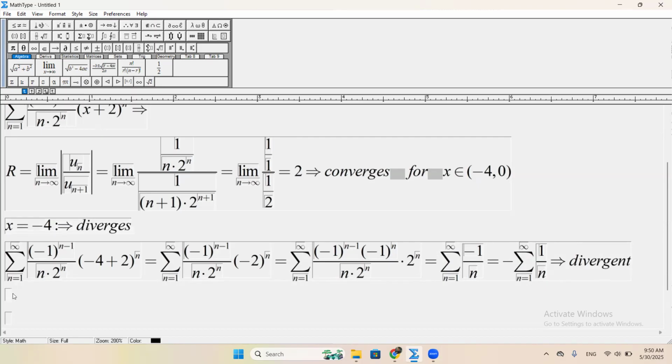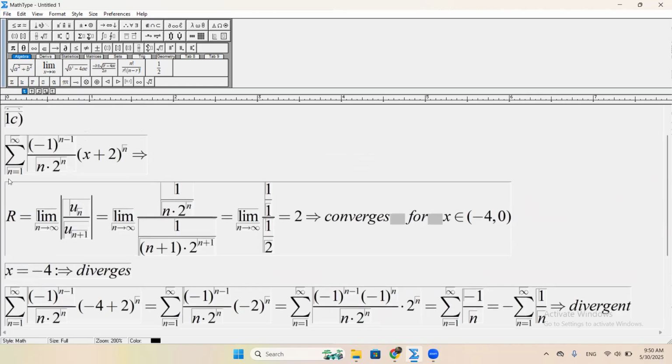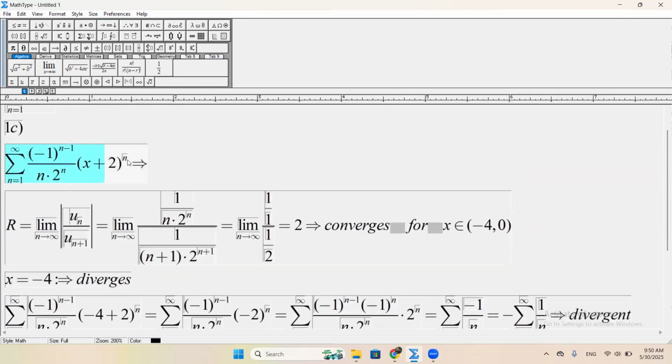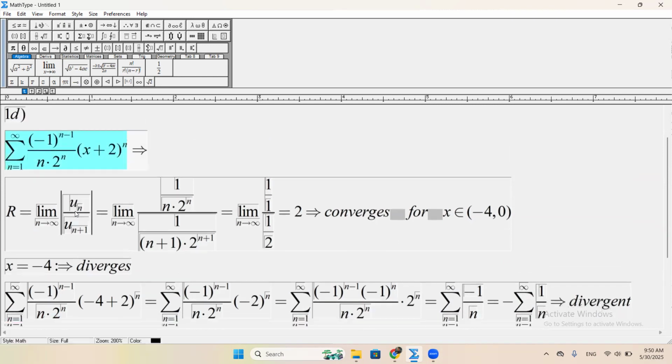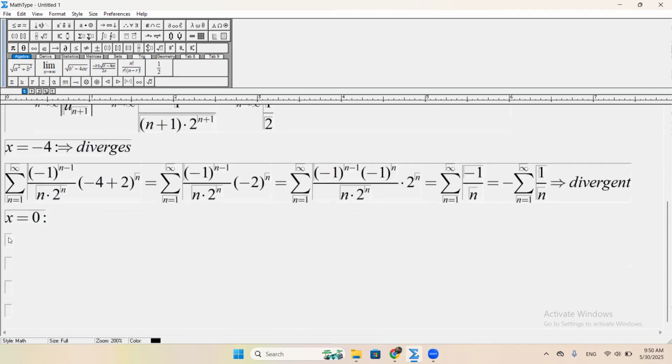And now what about x equal to 0? So substituting 0, let's see what we will receive. So 2 in power of n.